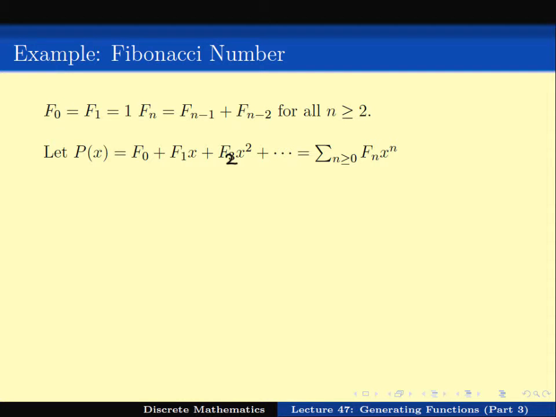That is, it is the summation of Fn x power n. So P(x) equals F0 plus F1x plus the summation of Fn x power n for n greater than or equal to 2. I have not done anything till now. I have just written everything after the second term separately.